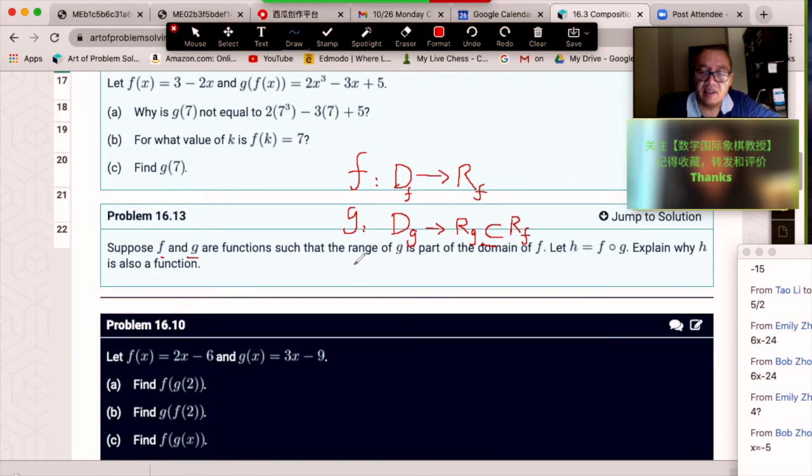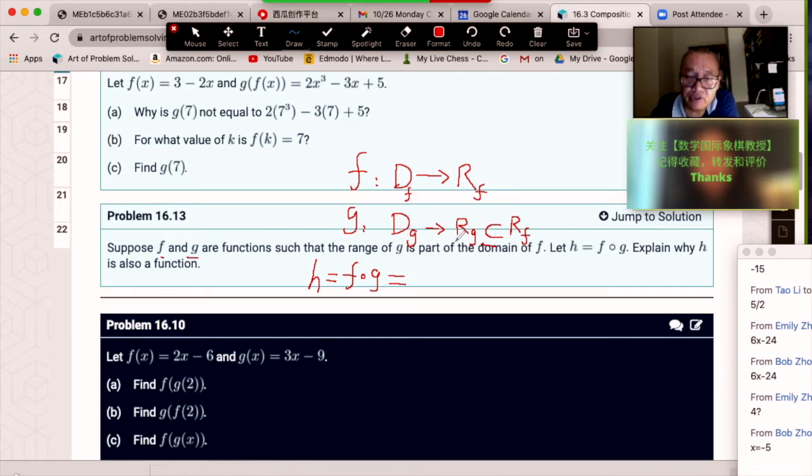Now they said if you do f combined with g, you get a new function, that's h. This new function is also a function. Why is this one also a function? So that means you do this.